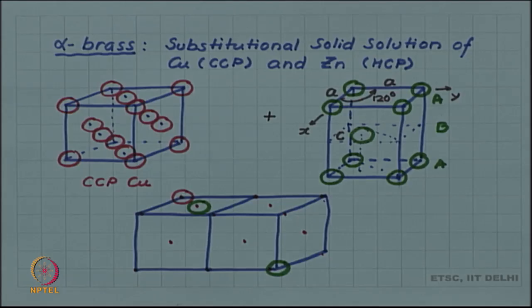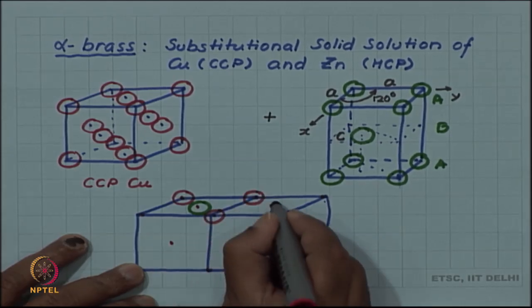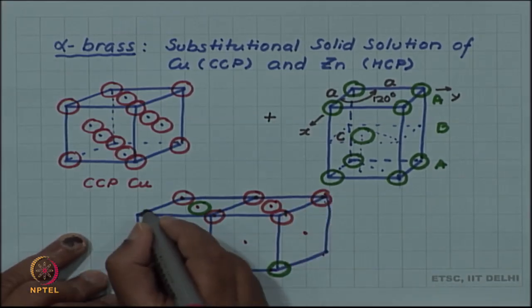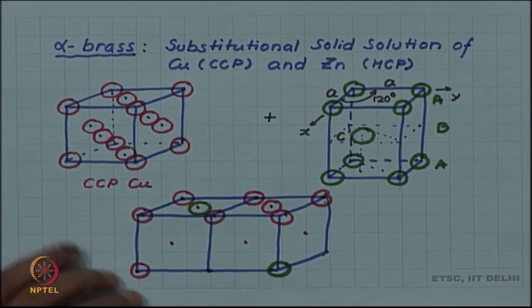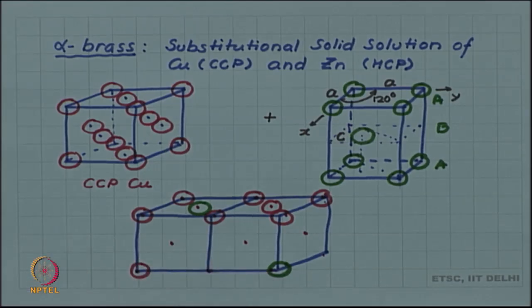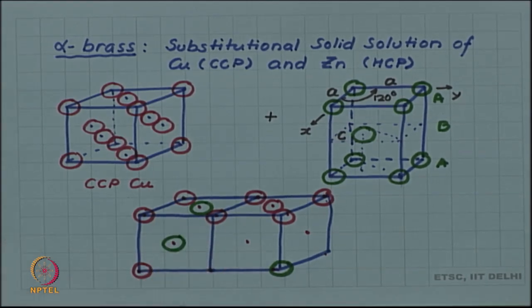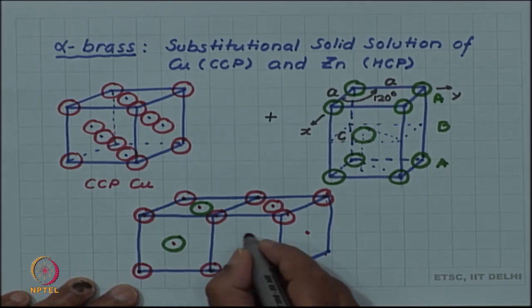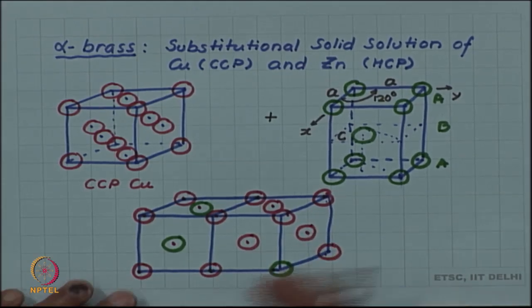So, now we have a solid solution where some of the locations where I expected to find copper are now being occupied by, let me place one more, zinc. So, some of the locations have been taken by zinc, and in the process zinc has sacrificed its hexagonal close packed structure.